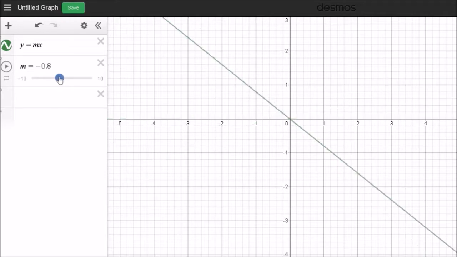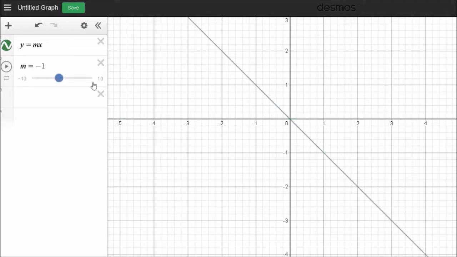Now the interesting thing is what happens whenever this value goes negative. And you see when it goes negative, it now runs in the other direction. So we can see here that if m equals minus 1, then we'll have the equation of a line, and the line will be y equals minus 1 times x. So what we're saying here is that for every x point, the y value will be the negative of it.